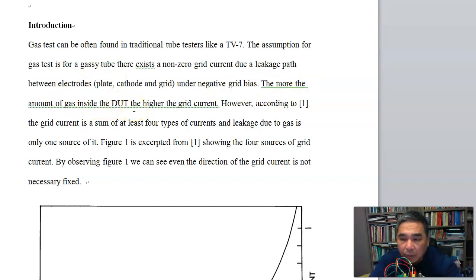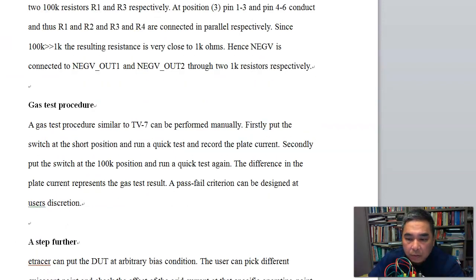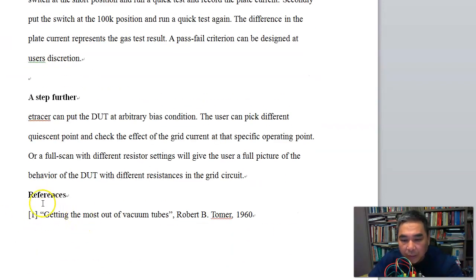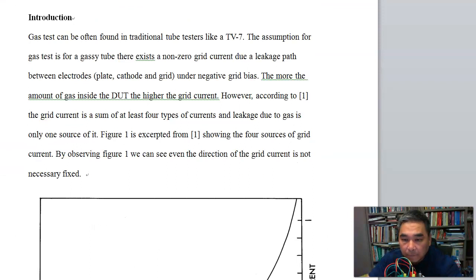But according to a book, Getting the Most Out of Vacuum Tubes by Robert B. Tomer, written in the 1960s, the grid current caused by gas is not the only source of grid current.